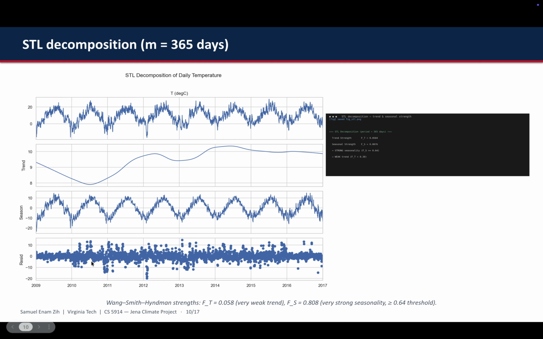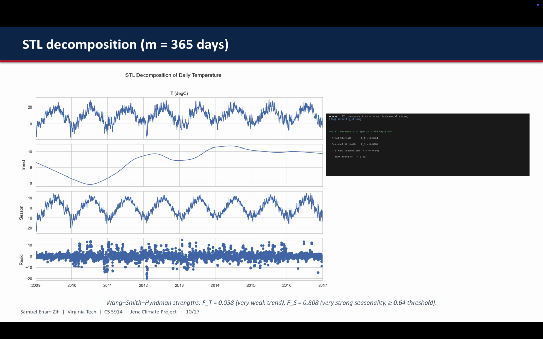To make this quantitative, I use the Wang-Smith-Heinemann strength measures. The formula is in the report. The trend strength is 0.0584 and the seasonal strength is 0.8076.